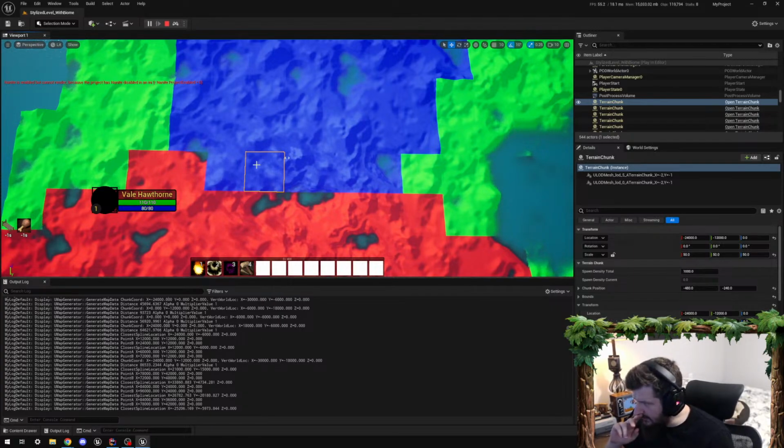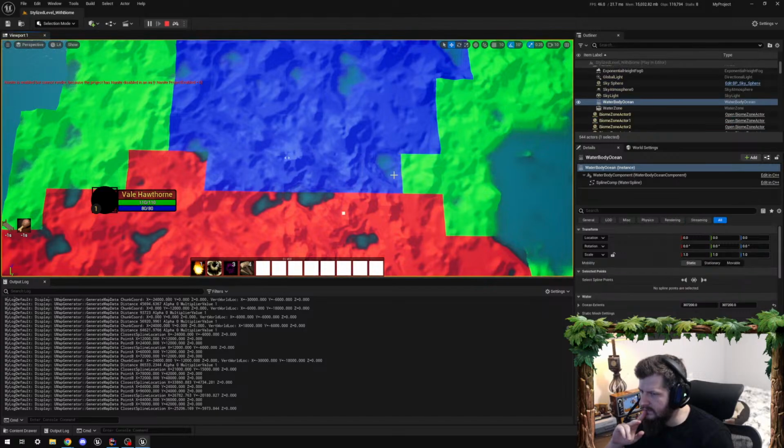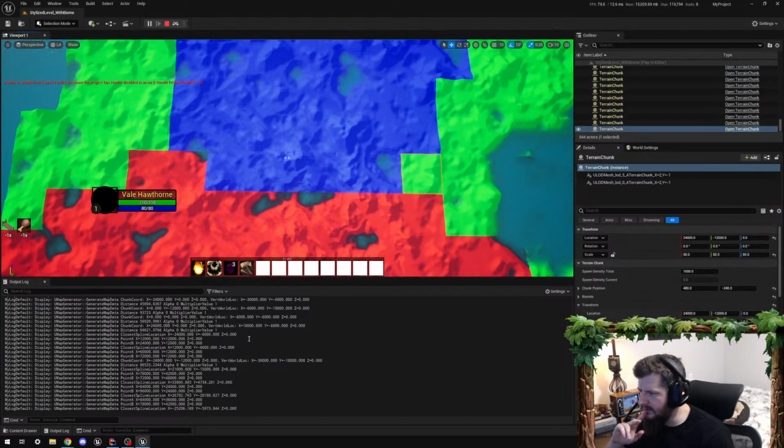The closest spline location for that chunk is 21,000, negative 15,000, which again is somewhere in here.